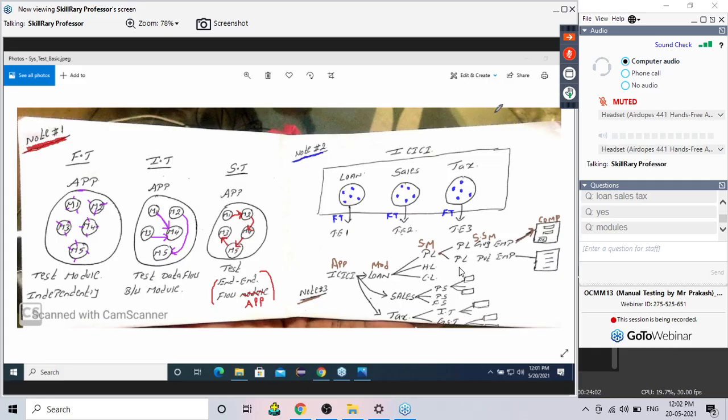I am testing tax, that means all the submodules of the tax. One by one.